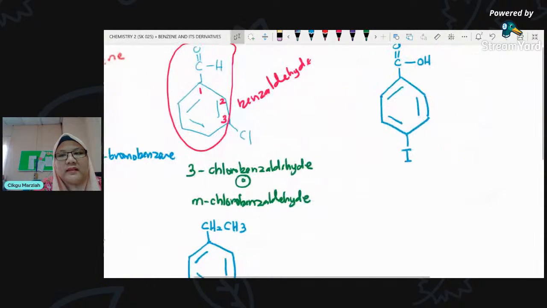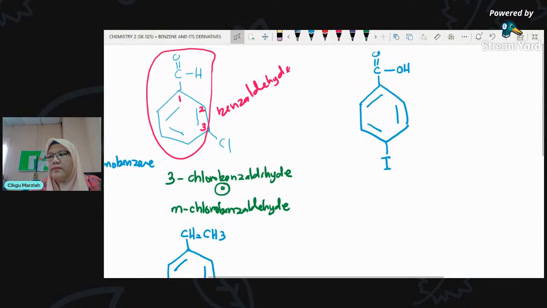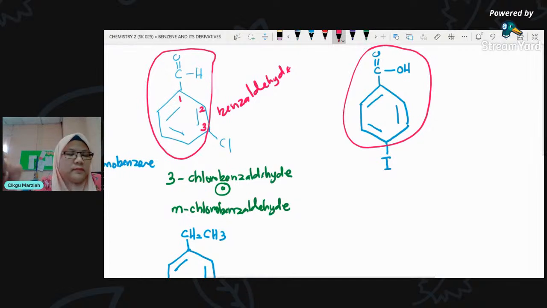Okay, now let's look at the third example. Ada tak dalam senarai yang boleh jadi parent tu? Kan? Which is benzoic acid.